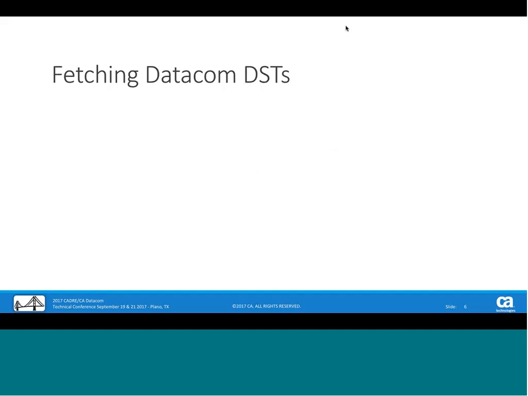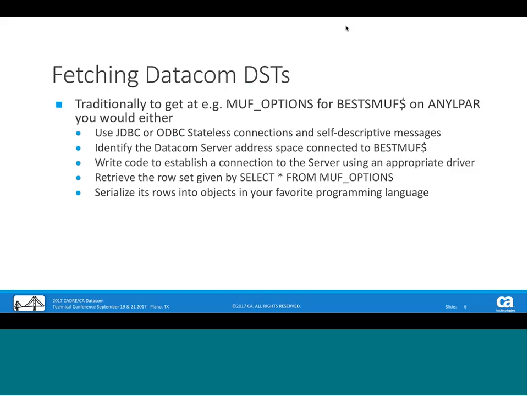So to show the difference between using APIs to access Datacom, let's look at how you would normally access the DSTs today. Say, to get the MUF options from the MUF that you have, right now you would have to start a Datacom server using JDBC or ODBC connections, find where the address space for the server is that's connected to the MUF, and write code to establish a connection to the server using the right driver.